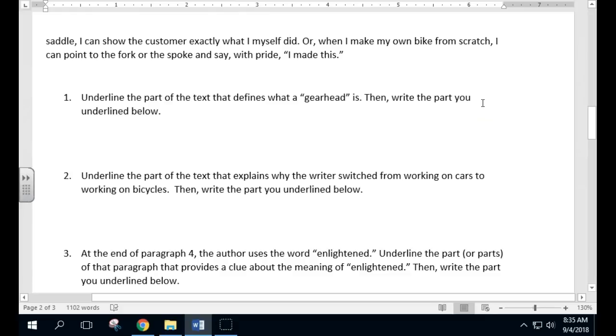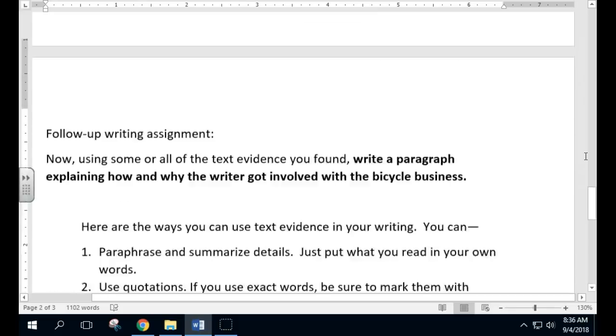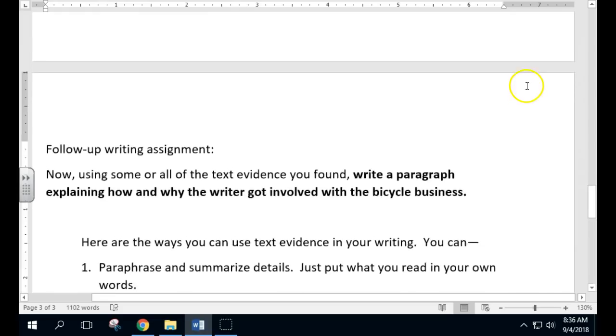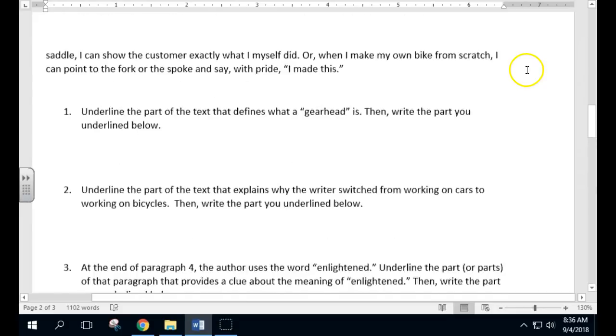You should be annotating based on what you're going to have to do with the text. So this activity led you through the parts that I knew you were going to have to use in the final writing assignment, to explain how and why the writer got involved with the bicycle business.